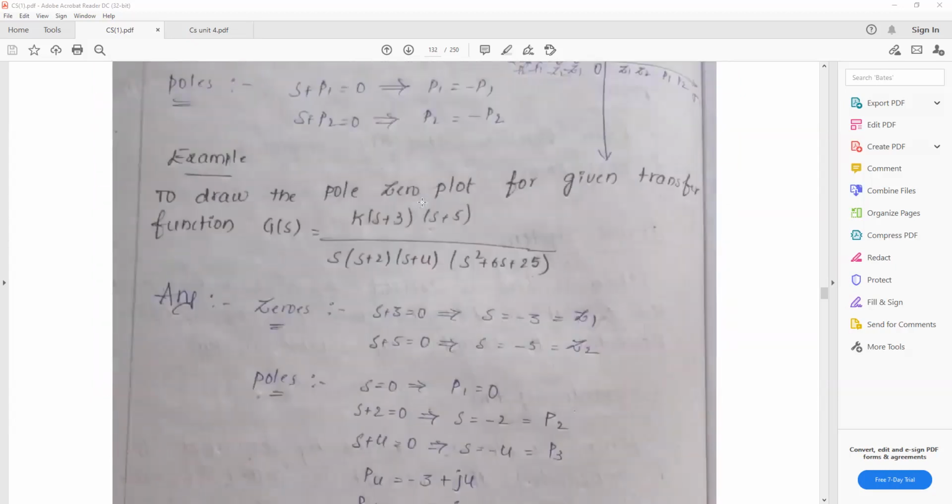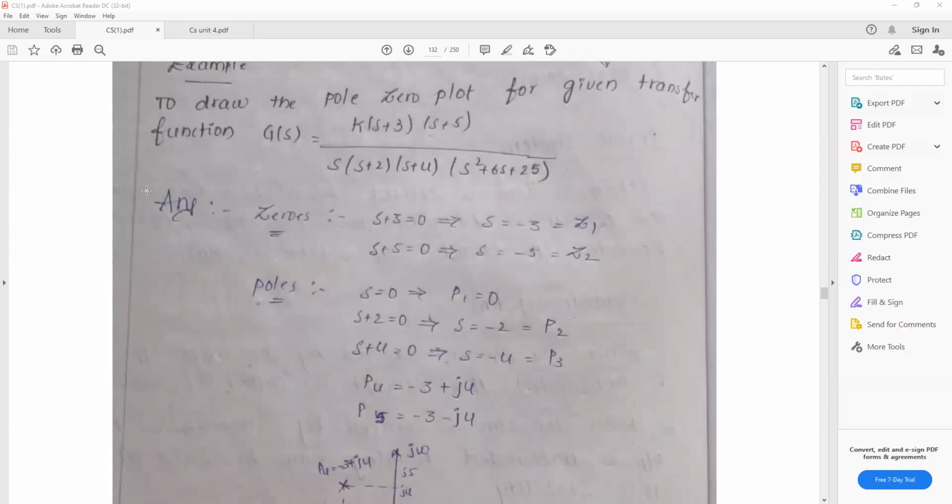For example, a small example to draw the pole zero plot for the given transfer function G(s) = K(s+3)(s+5) / s(s+2)(s+4)(s^2+6s+25).